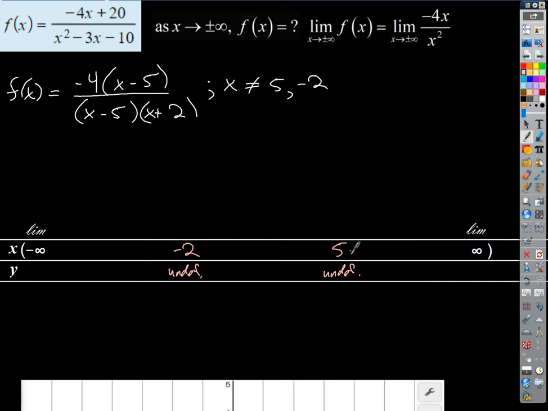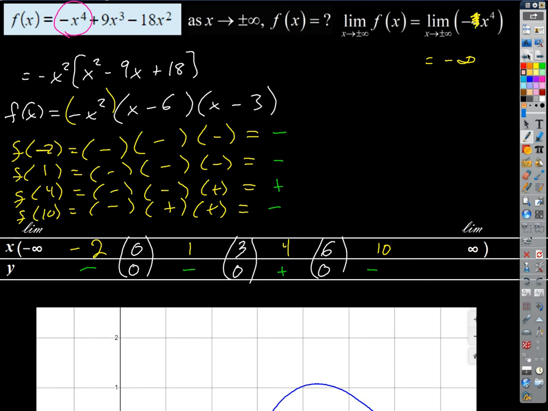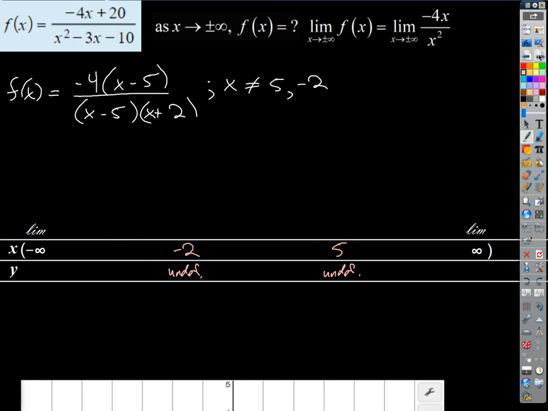Before we go there, let's look at the end behavior issue. Before, we looked only at the impact of the leading term, because as x approaches positive or negative infinity, it's the leading term of a polynomial that becomes significant. So for this function, as x approaches plus or minus infinity, what's the function doing?